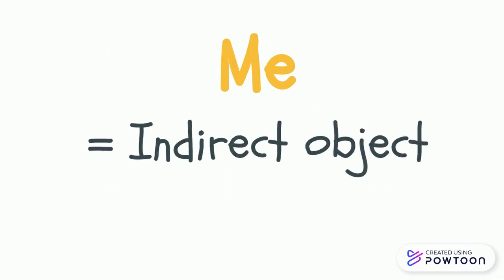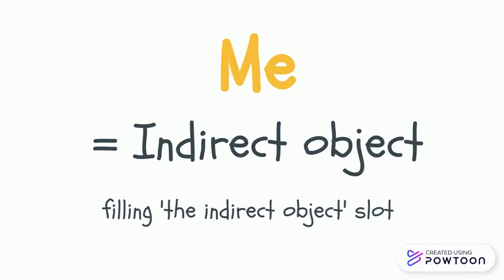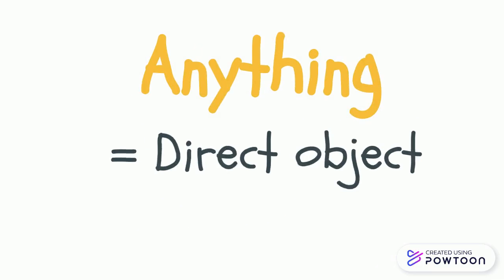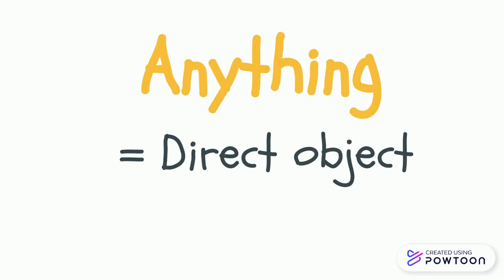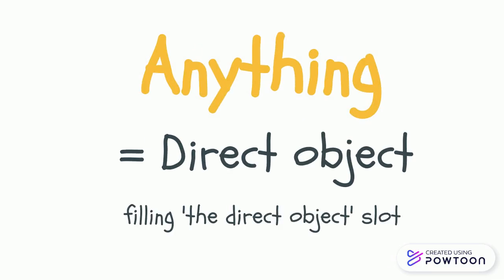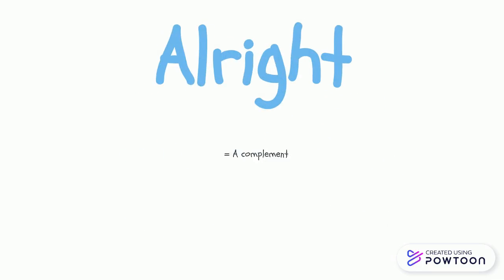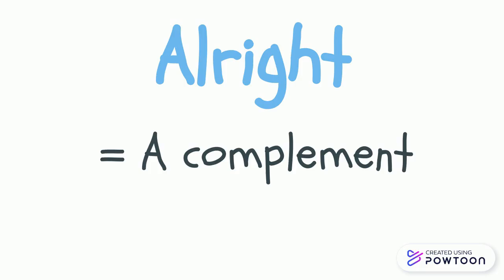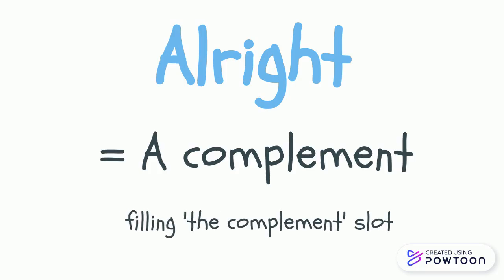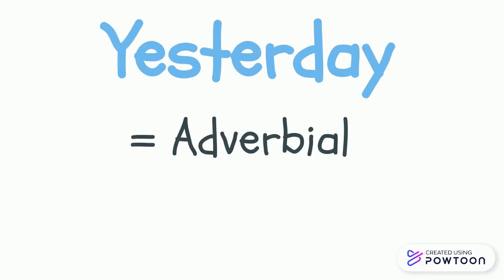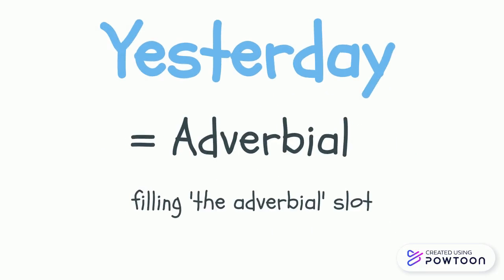Me is an indirect object, and therefore fills the indirect object slot. Anything is a direct object, and therefore fills the direct object slot. Alright is a complement, and therefore fills the complement slot. And yesterday is an adverbial that therefore fills the adverbial slot.